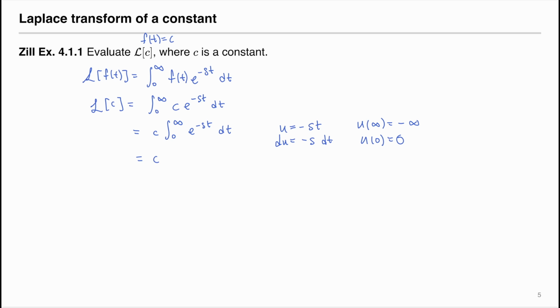So we can substitute those in. We have the integral from 0 to negative infinity of e to the u du. But notice that dt equals du divided by negative s, so we substitute that as divided by negative s.